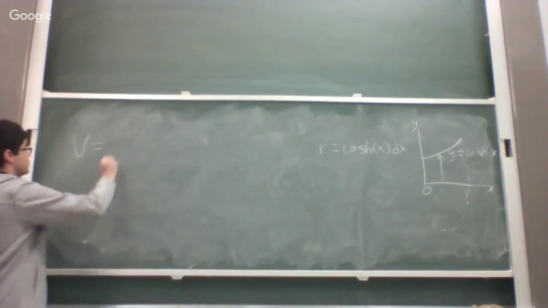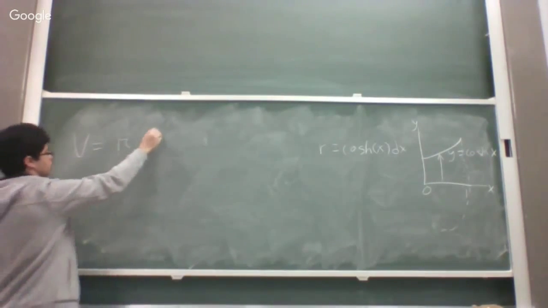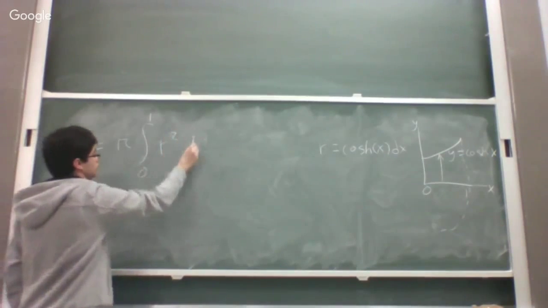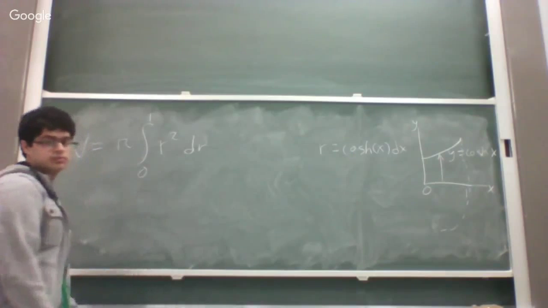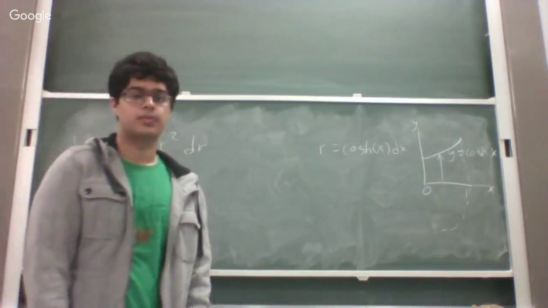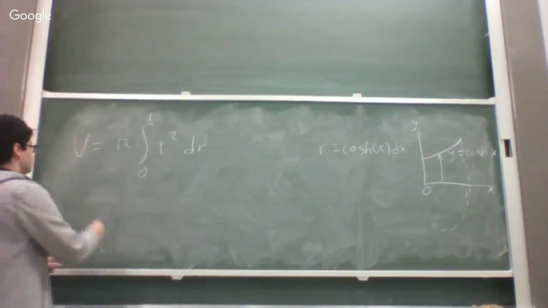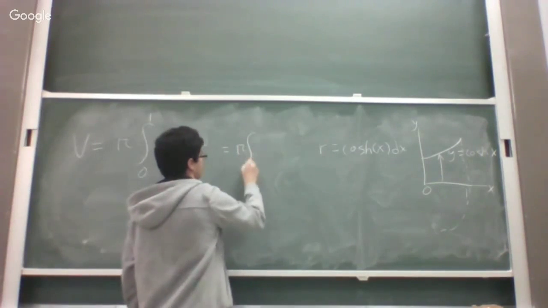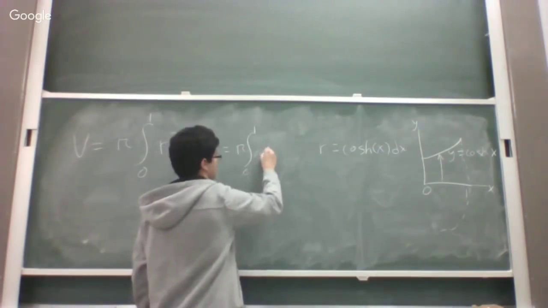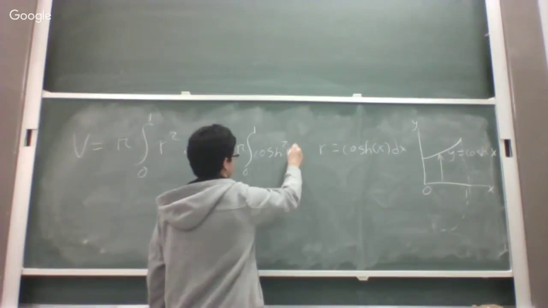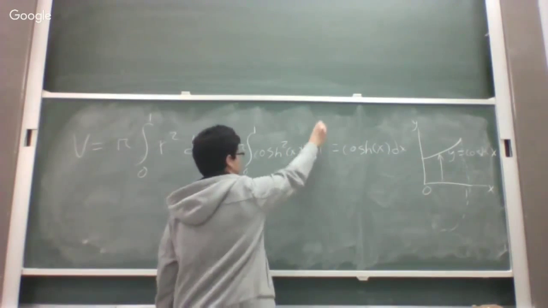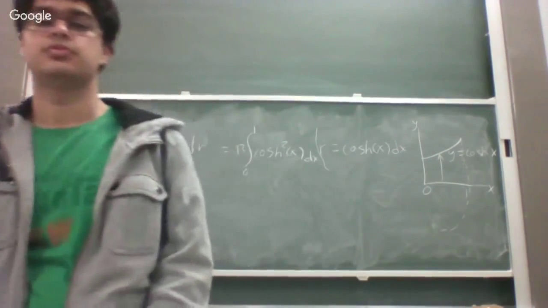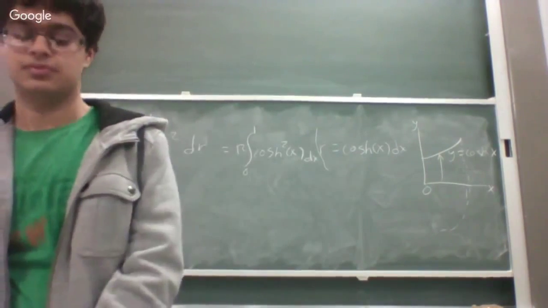So normally volume is equal to pi times the integral, in this case from 0 to 1, of r squared dr. We make the substitution: pi from 0 to 1 of cosh squared of x dx. Did that make sense?